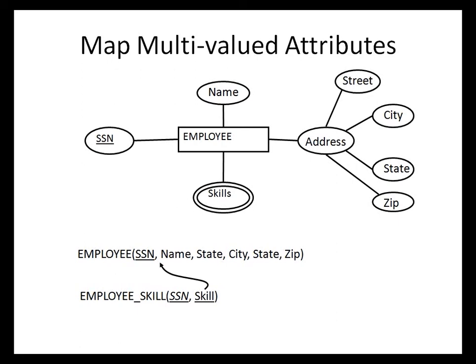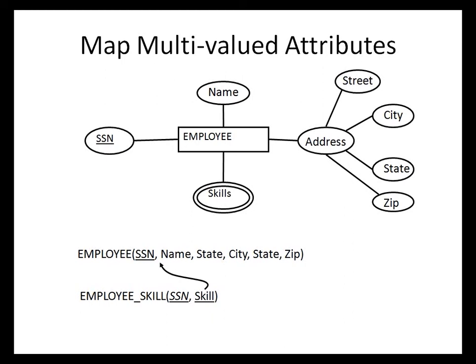The second relation contains 2 sets of attributes: the primary key from the first relation, which becomes a foreign key on the second relation, and the multi-value attribute itself. The primary key of the second relation is the combination of all attributes. The name of the second relation should capture the meaning of the multi-value attribute.